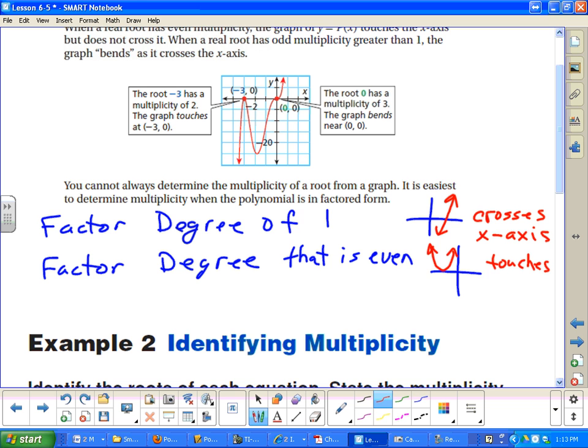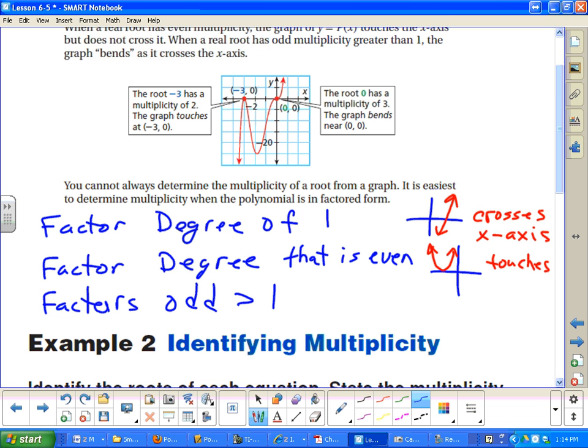And then we have factors that are odd but greater than 1. Well, what's an odd number greater than 1? 3, 5, 7. So graph x cubed now. And note what it does when it crosses the x-axis.